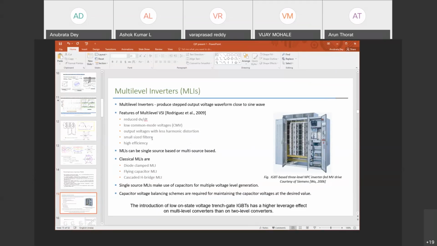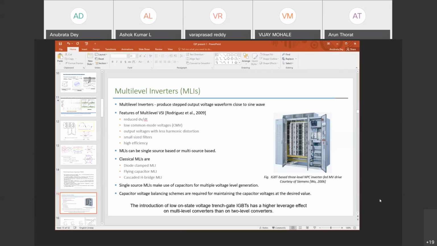It is being used by the industries also. It is not simply academic interest. It is also being widely used in the industry. At least the 3-level inverters up to 5-level inverters are successful products of many MNCs nowadays.